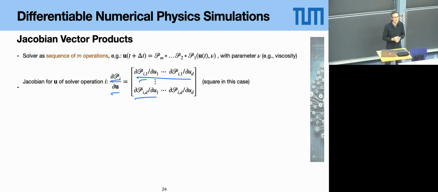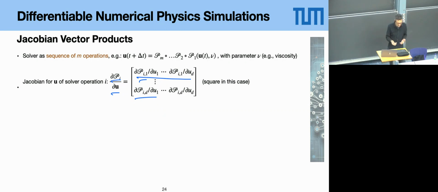So keep in mind, if you have functions that map to different dimensionalities, it could be non-square. But ultimately it's really just a bunch of derivatives in a matrix. All outputs with respect to all inputs.